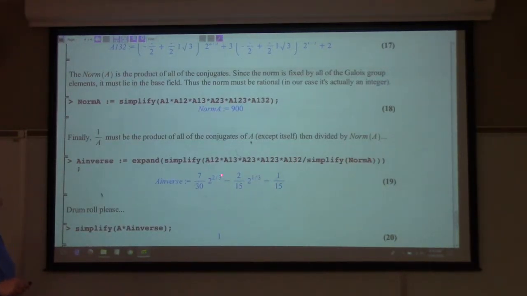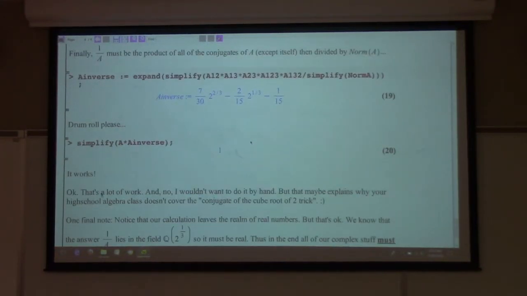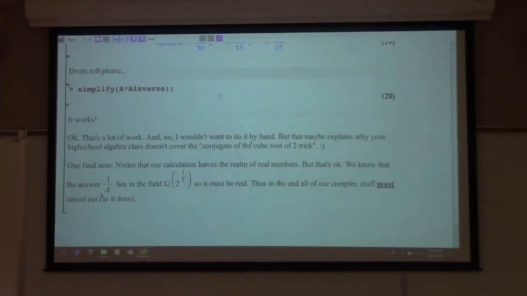That's what you get, which is, by the way, the same thing that was spit out by the built-in rationalization function for Maple. And check it out, it works. So he multiplied A by his A inverse. All right, so there you go. He says this pretty much explains why we don't cover the conjugate cube root of 2 trick in high school algebra, as it is a little bit harder.